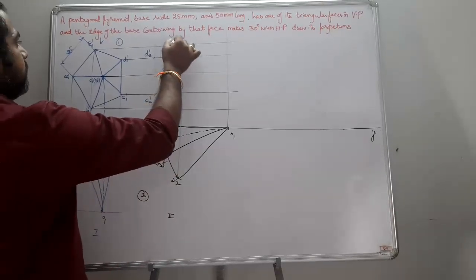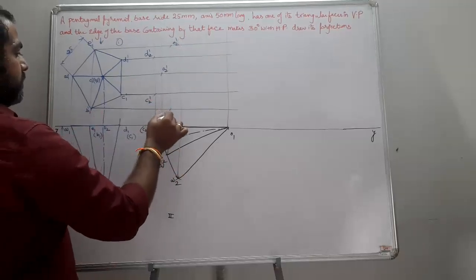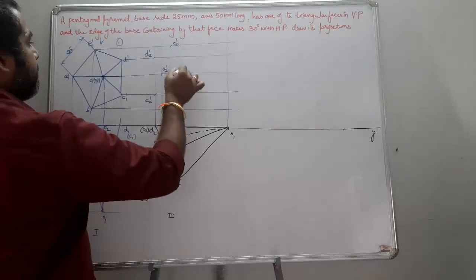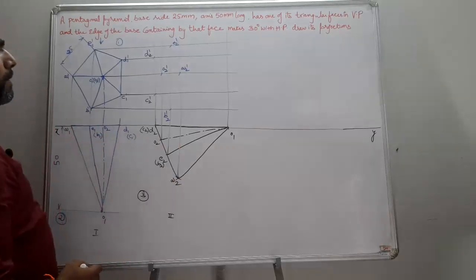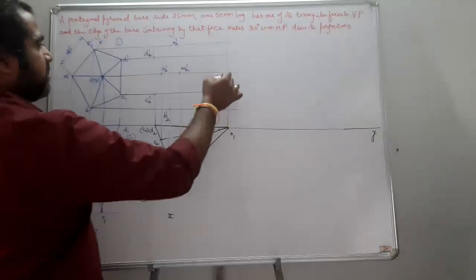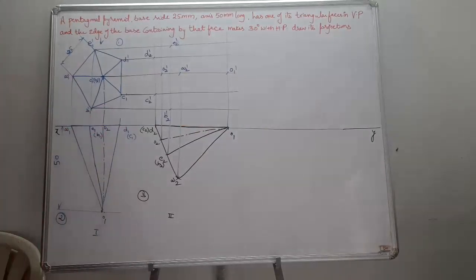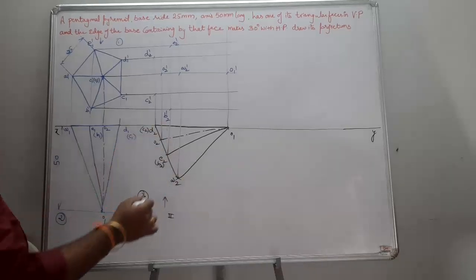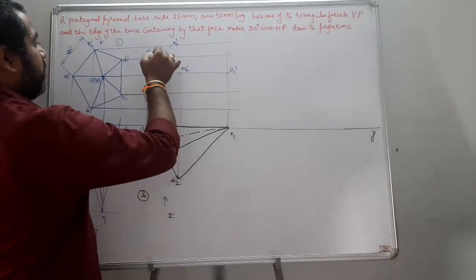This is E2 dash, this is E2 dash, and it is A2 dash. Okay, and this becomes O1 dash. So when you are supposed to see from the front, this base is completely visible. Okay, so I just join all the points.